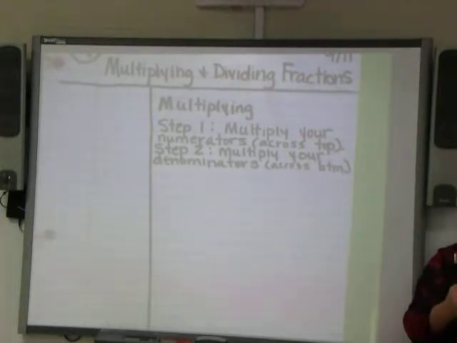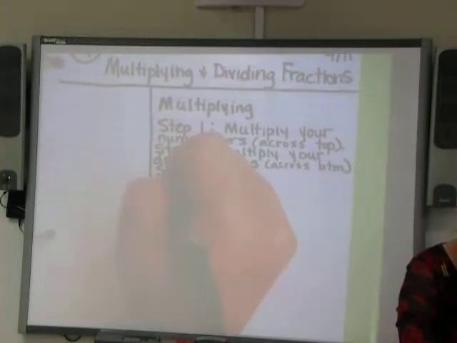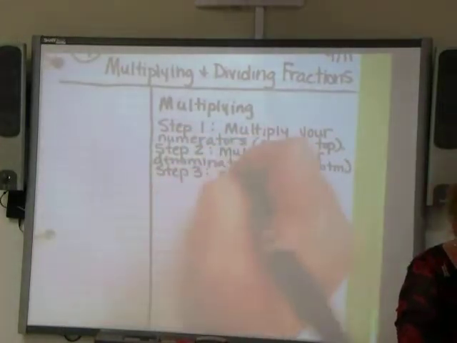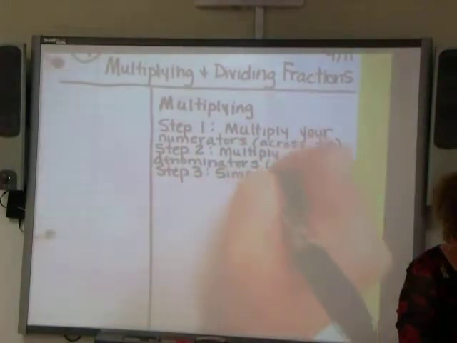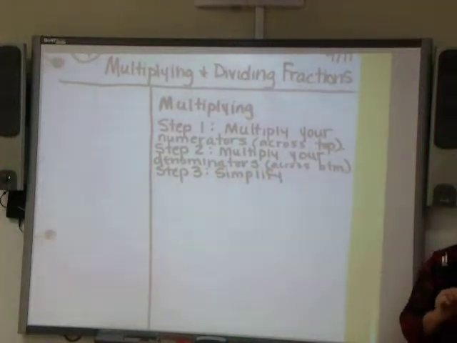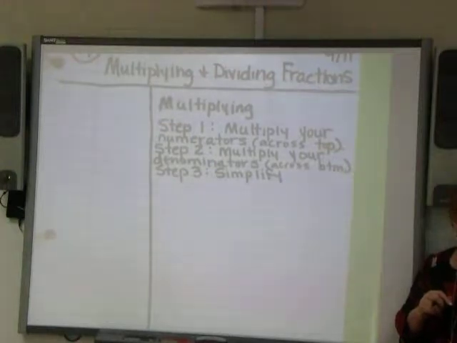And then step 3 is simplify if you need to. Put it in simplest terms. Reduce it if it needs to be reduced.